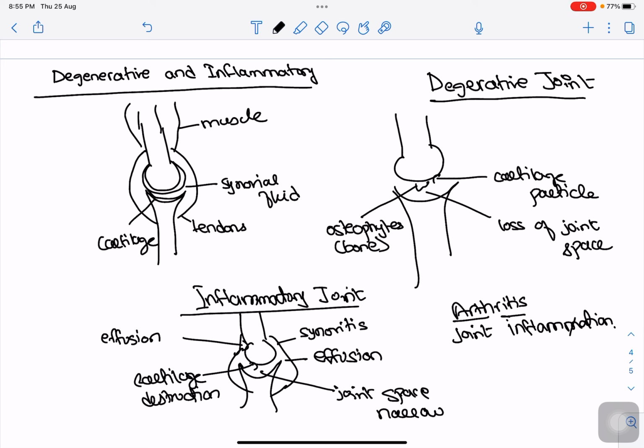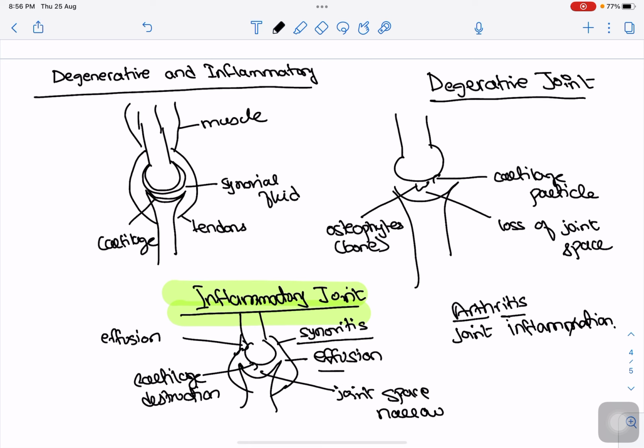Now we will be revising the difference between a degenerative and an inflammatory joint. Inflammatory, as the name suggests, is a condition in which there is an inflammation of the joint and its associated structures. For instance, there is inflammation of the synovium, that is synovitis.